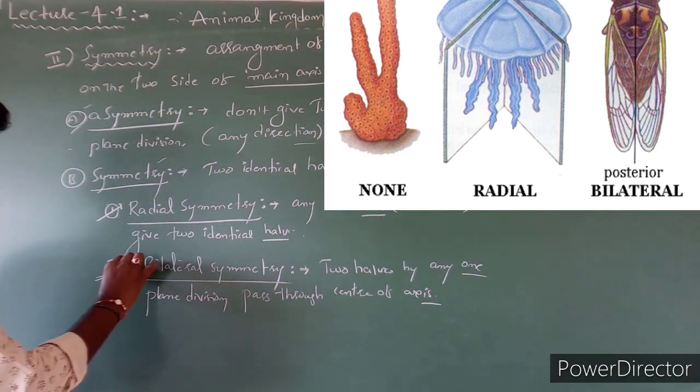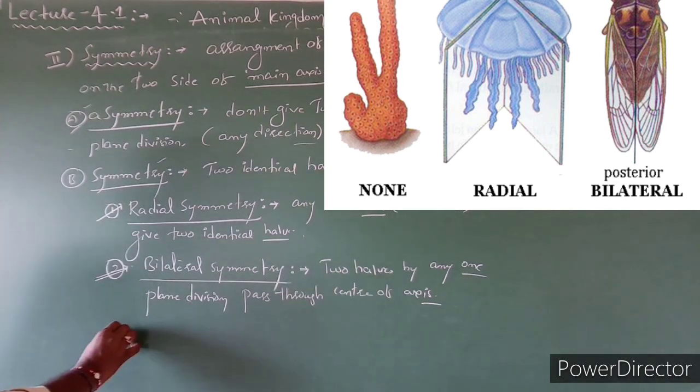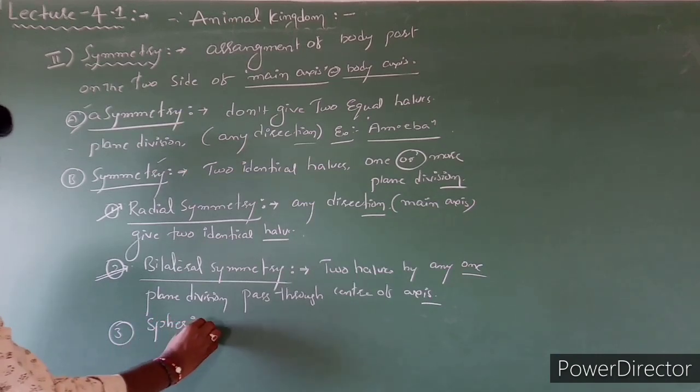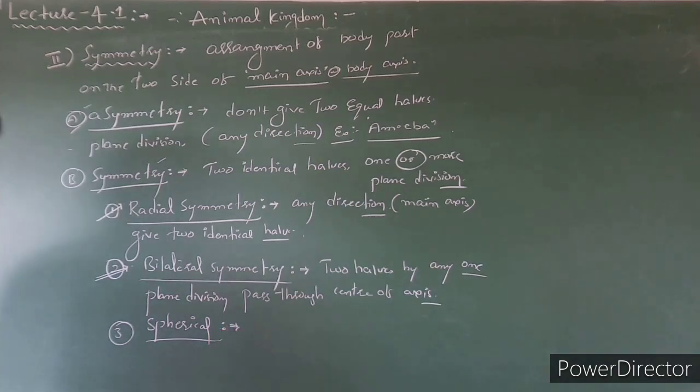Such is called bilateral symmetry. And one more type is spherical symmetry.